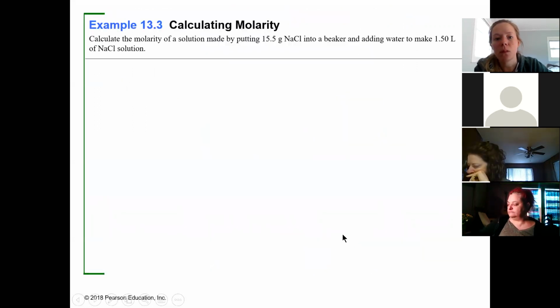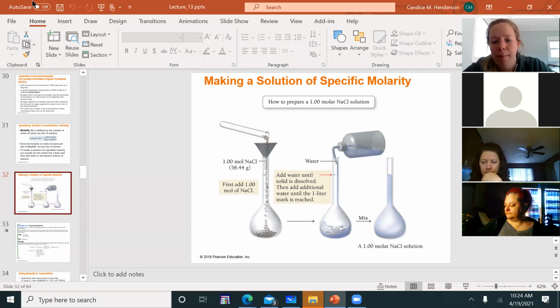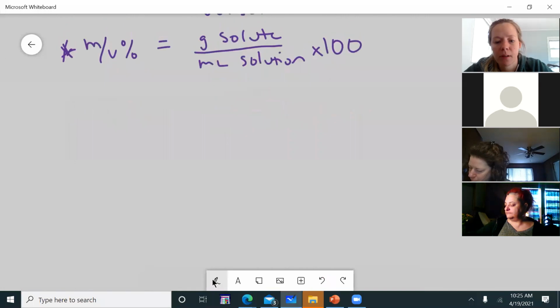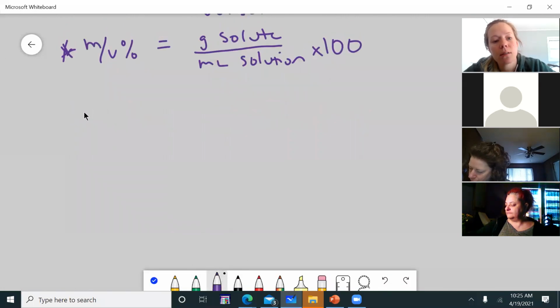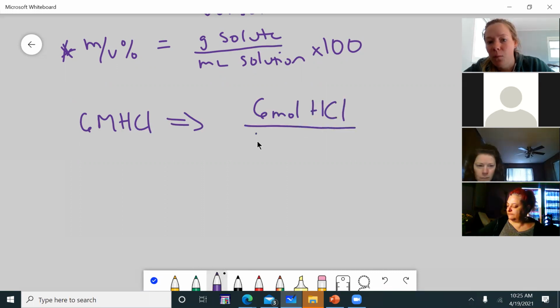What if we had something that was not just 1 molar, but something like 6 molar? It's pretty strong, so let's say we had a 6 molar HCl solution. That's like saying 6 moles of hydrochloric acid, HCl, in every 1 liter of solution.